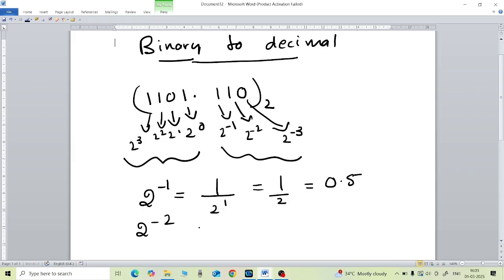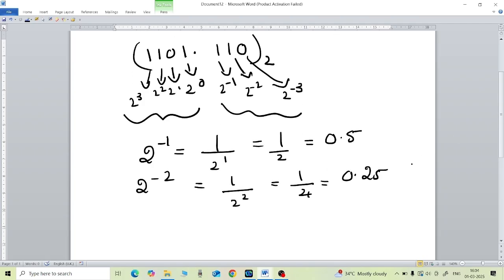2 raised to minus 2 is 1 divided by 2 raised to 2, that is 1 divided by 4, that is 0.25. Then 2 raised to minus 3 is 1 divided by 2 raised to 3, that is 1 divided by 8, it is 0.125.